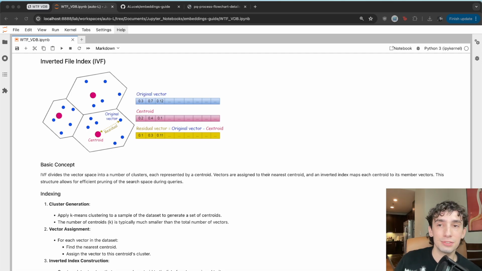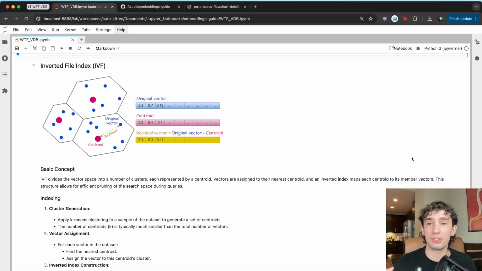That centroid then gives us the list of possible candidates that we should run our more fine similarity calculations over. Where product quantization actually happens within this is that, with the different clusters IVF is creating, you can calculate what are called residual vectors, which is the original vector minus the centroid.